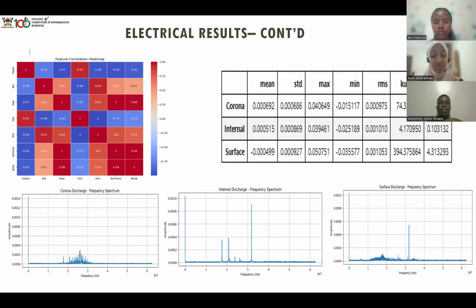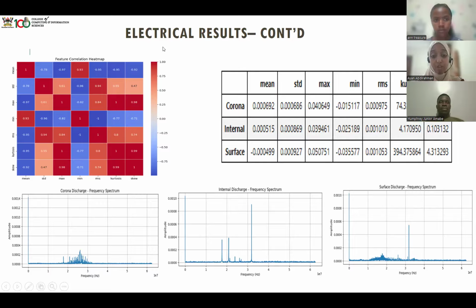It's around 74, which means it has sparks, but they are more frequent and less extreme. Then when you look at the internal discharge, the kurtosis is very low. It's around 4, which indicates a more normal noise-like signal without strong sparks.